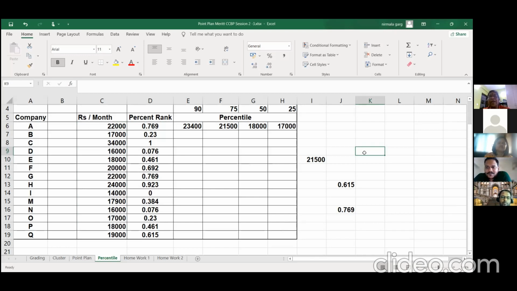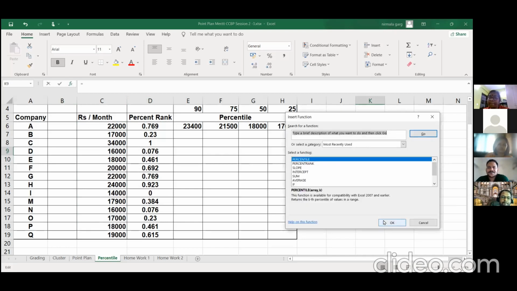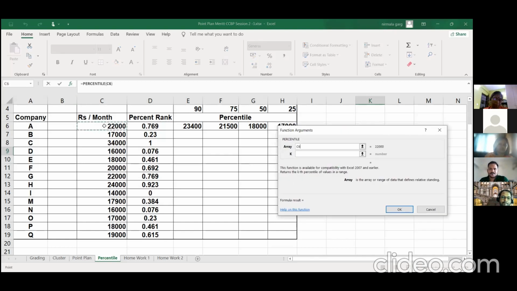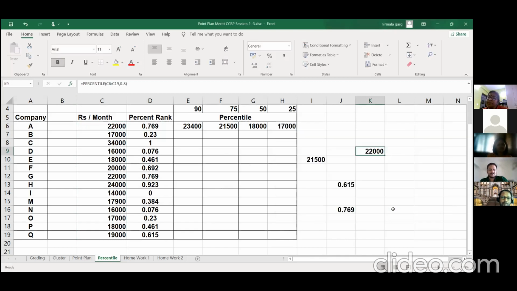Should we do 80th percentile? Yes. 80. How much? 22,000.